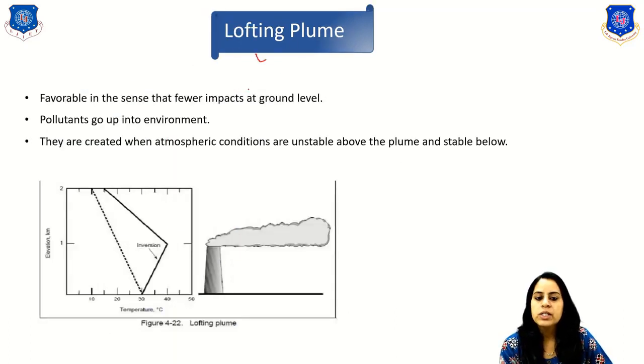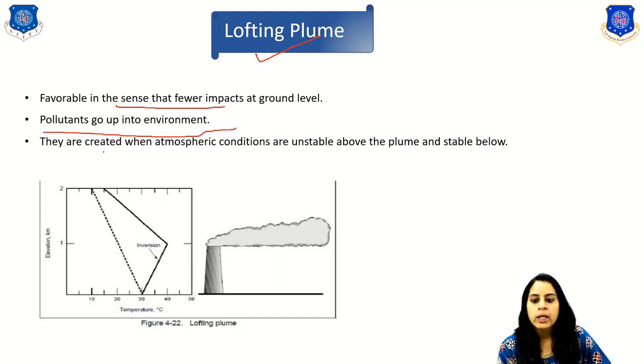Now the next one is the lofting plume. It is favorable in the sense that there is less impact at ground level, right? The pollutants go up into the environment. They are created when atmospheric conditions are unstable above the plume and stable below, right?